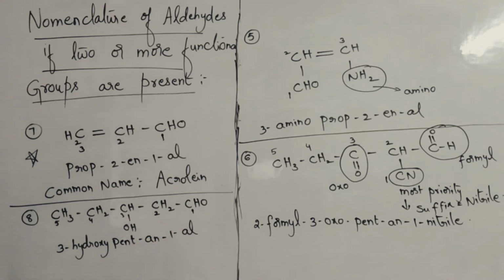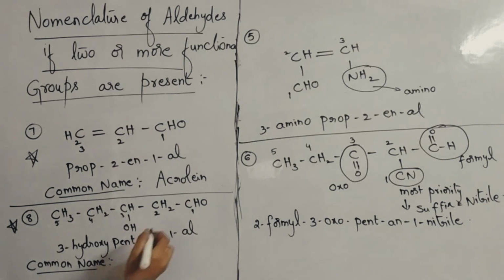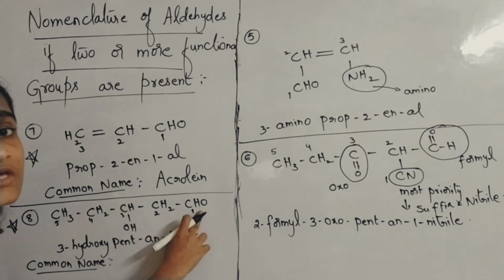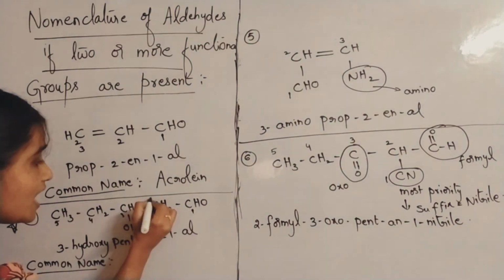But here also you have to concentrate on the common name. Sometimes common names are also being asked. So common name is valeraldehyde. See here children, this is the main priority functional group, so this will be your alpha carbon.